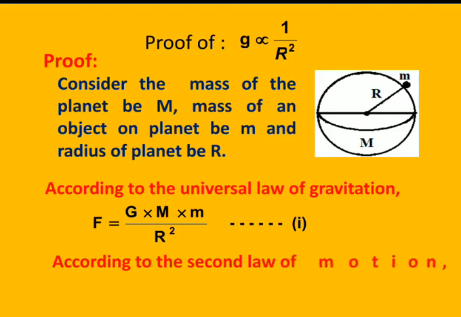According to the second law of motion, F equals small m into small g, equation number 2.